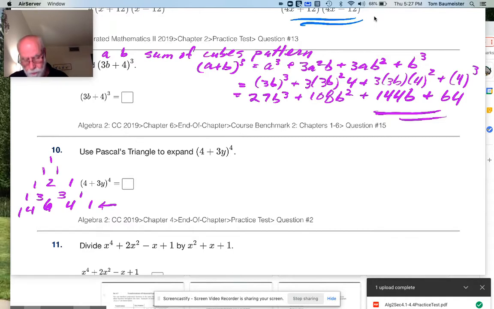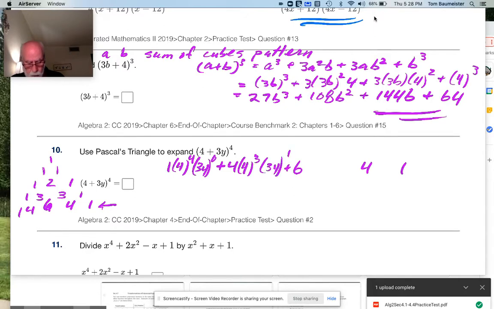All right, so now remember, what I told you to do is put the 1, 4, 6, 4, 1. And then I told you to take your A, which in this case is 4, and you're going to start decreasing it. And then you're going to take your 3y and it starts at 0. So now I'll have 4 cubed here. And I'll have 3y to the 1st power. Here I'll have 6 times 4 squared.